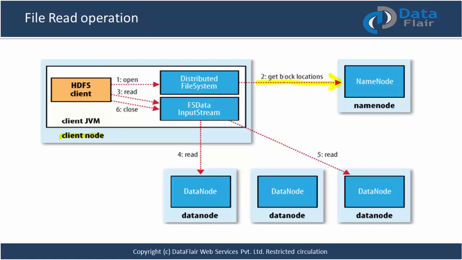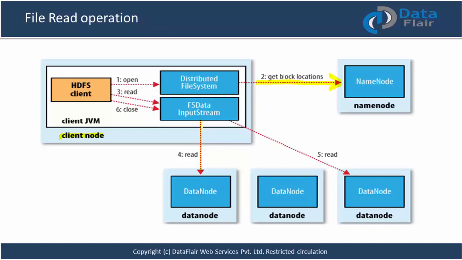The name node will check for the access rights, whether this particular user is authorized to read that file or not. If the client is allowed to read that file, what will the name node give? The name node will give you the locations: go to slave 2, read block 1, go to slave 10, read block 2, go to slave 1, read block 3, and so on.